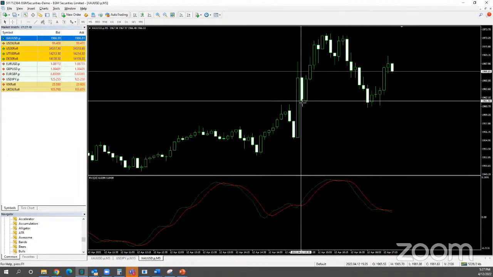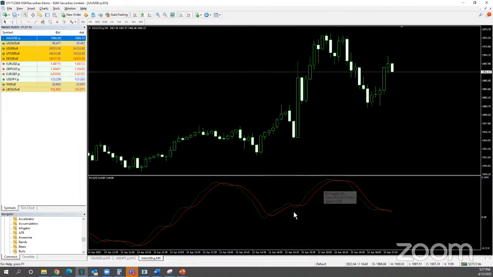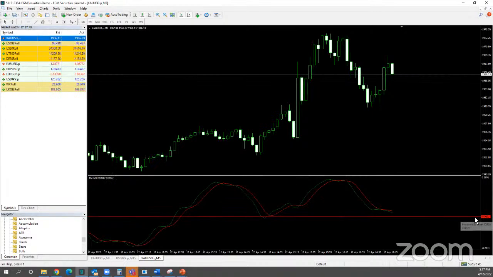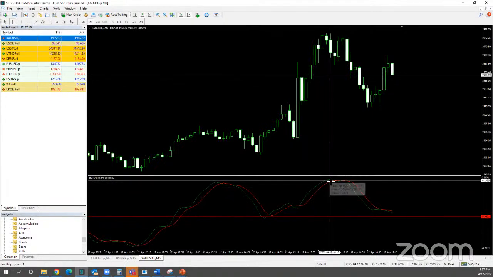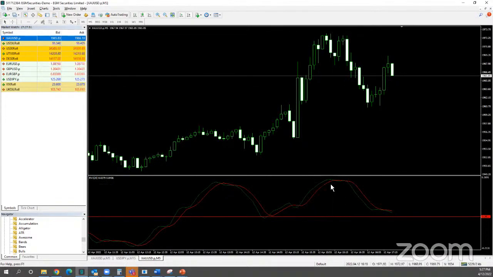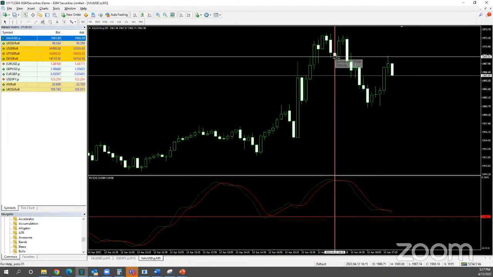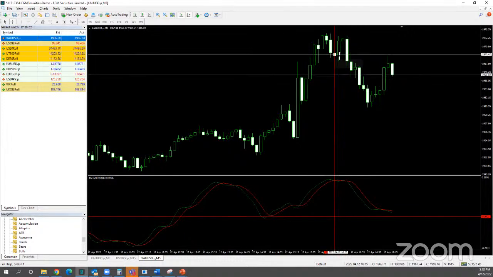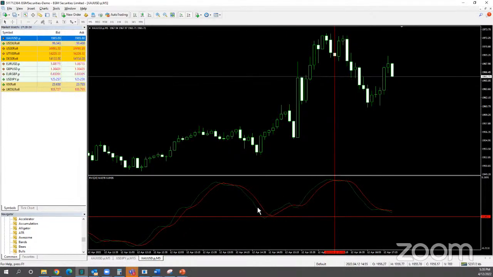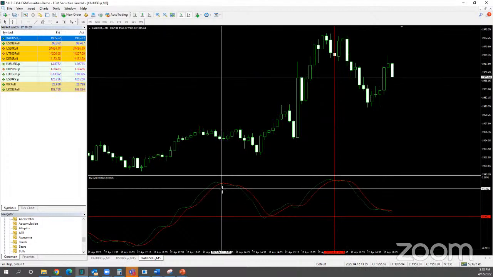The moment this indicator stays above the zero line, can you see the zero line over here? Once the red line crosses above the green line, exactly at this candle, that is my exit. If I exit here, I wouldn't see this kind of loss happening. I wouldn't use it to enter the market. I would rather use it to exit a market.